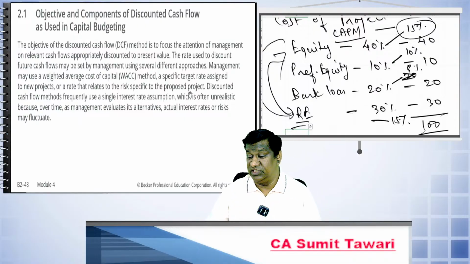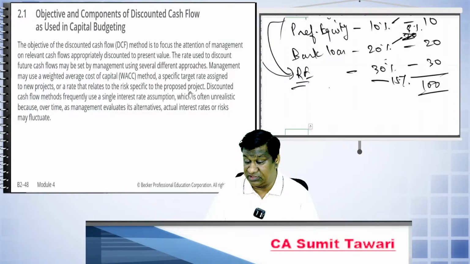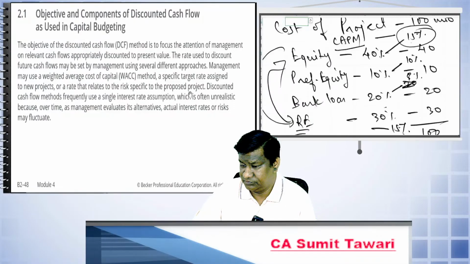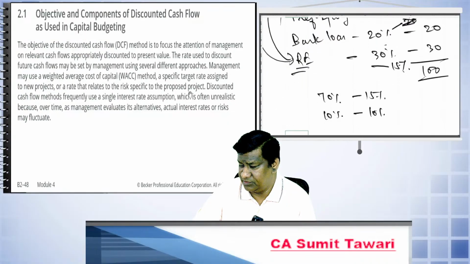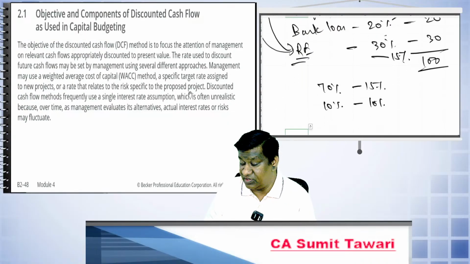So here, for 40%, 15% and 30%, 15%, that means for 70% of total project cost, they expect 15% return. Preference holders expect 10% return. Then for the remaining 20%, they expect 8% return.